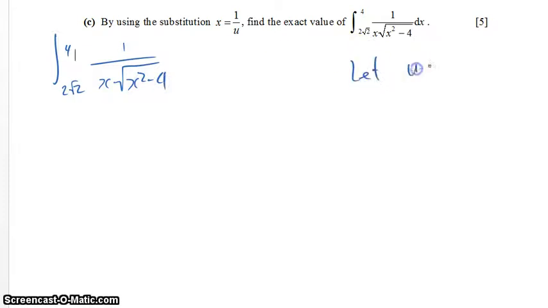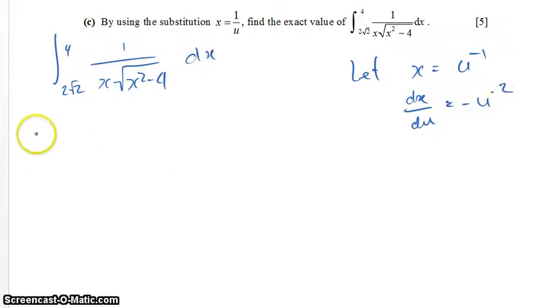Let x equal 1 over u. Then dx by du is minus u to the minus 2.